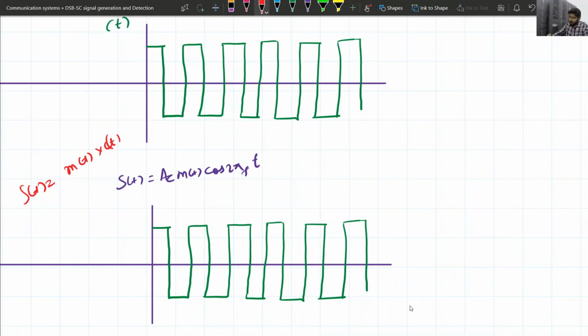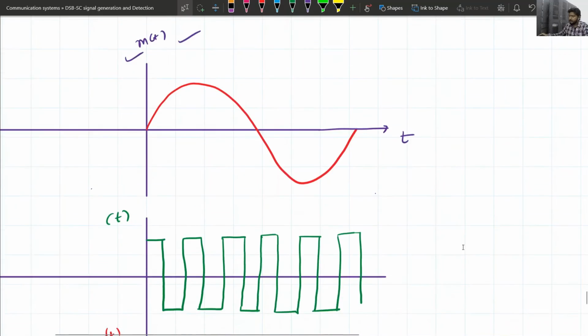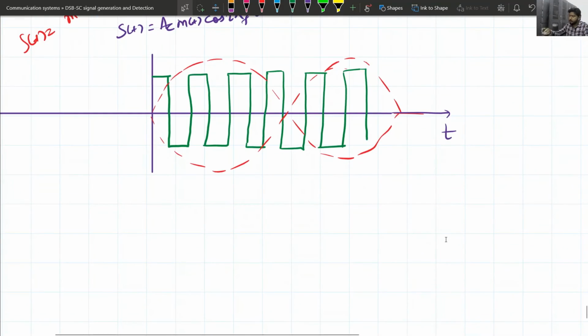Let's say this is our message signal, and let's say this is the envelope of the message signal.